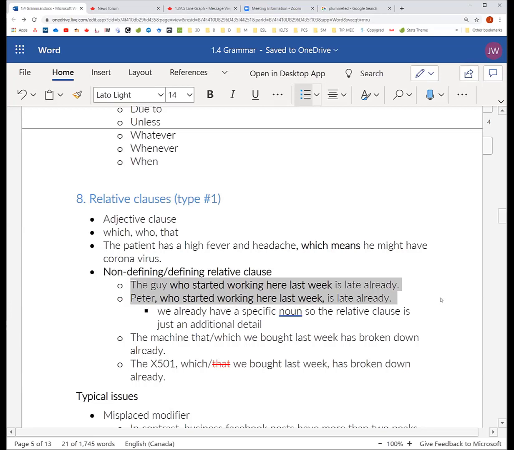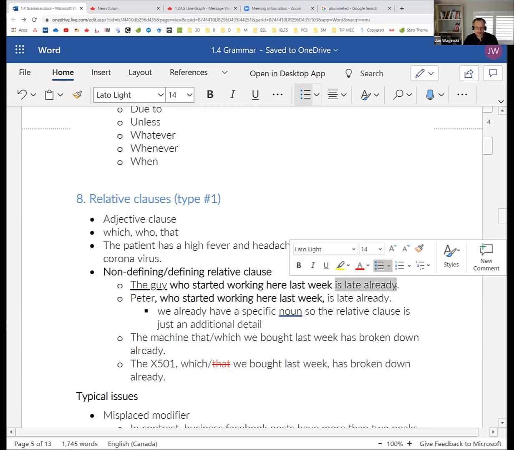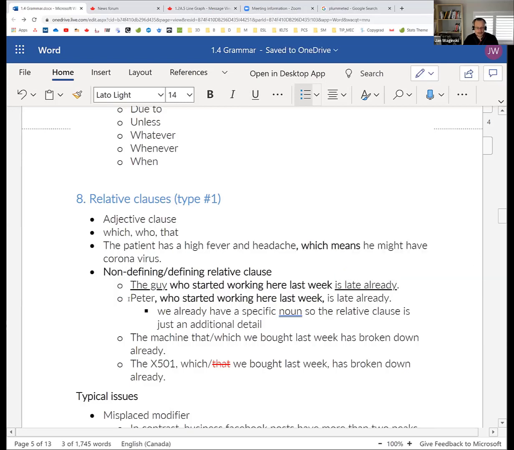Okay, as I know, if we put the independent clause first, we don't need to put a comma before the dependent clause. But here, it's like Peter is late already. So grammatically, these sentences are identical. So this is your independent clause. The guy is late already, and then Peter is late already.